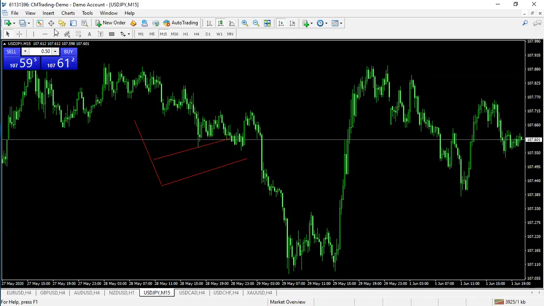Then the target, as always, is from where there was an impulse. So you set it from the impulse, that breakout.